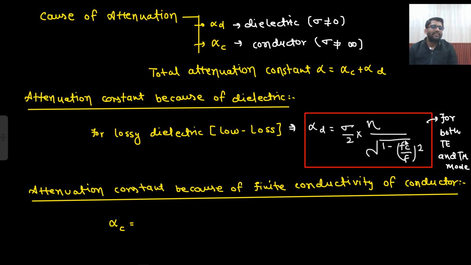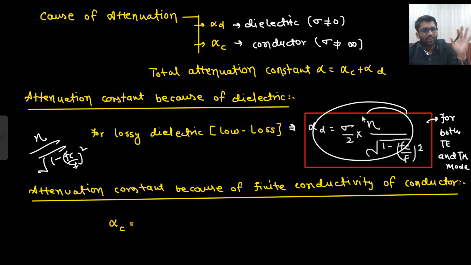Now some guys would be thinking that, sir, this formula must be there for TE mode, because in TE mode our intrinsic impedance is neta upon 1 minus fc by f. No. This formula has nothing to do with TE TM. The derivation of this formula is something different that we are not caring about. We are directly writing the formula. So this is applicable for both TE and TM.